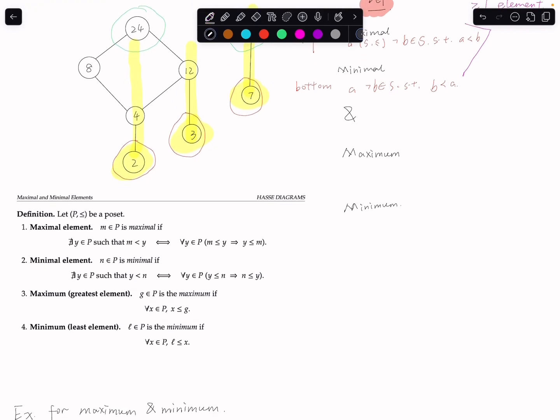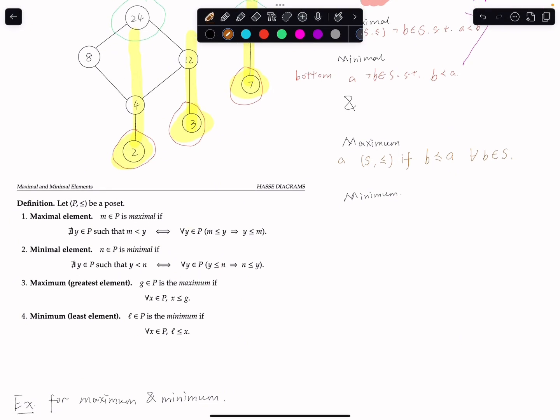So we call A the greatest element of the poset S, less than or equal to, if for all B in S, B is related to A. And the least element, or the minimum, we call A the least element if A is in S, less than or equal to, if for all B in S, A is related to B.